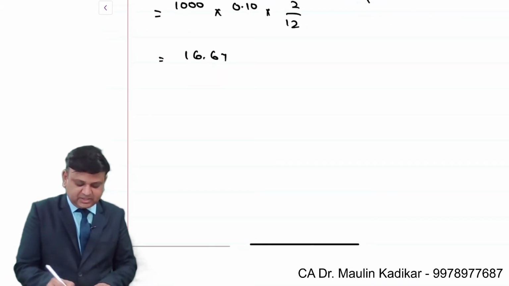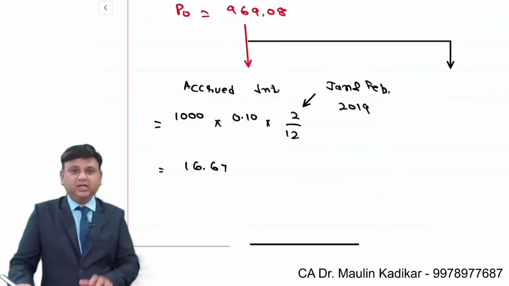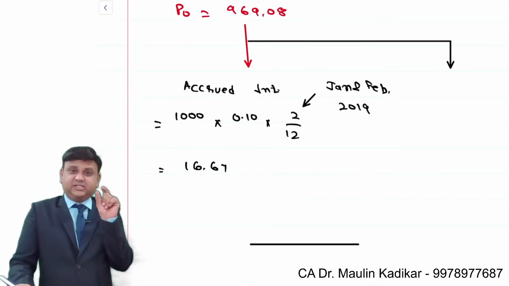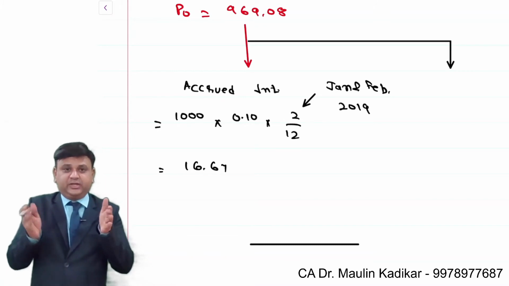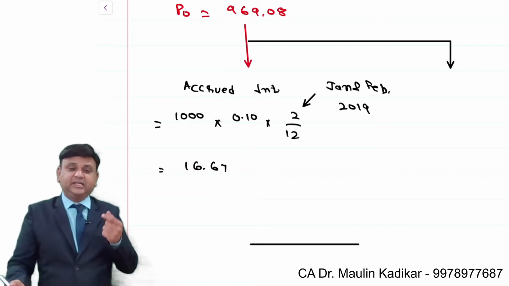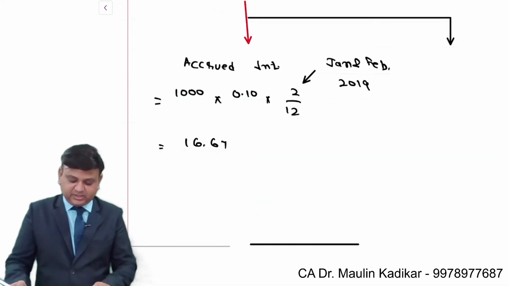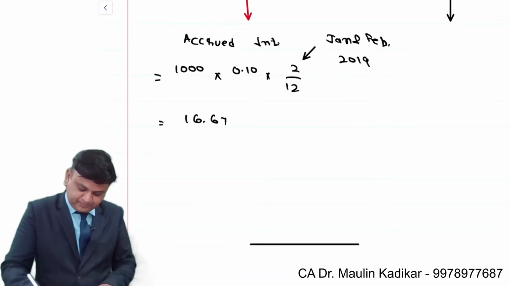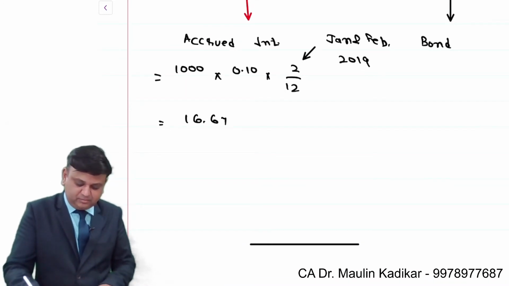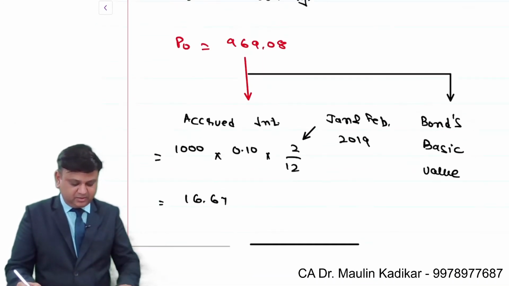Because we understand that when you purchase a security in between the two interest dates, then one portion is for the accrued interest and another is the bond's basic value. And that is calculated as a balancing figure.